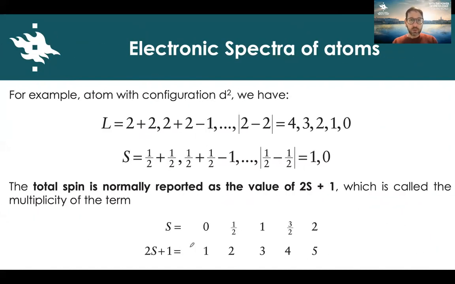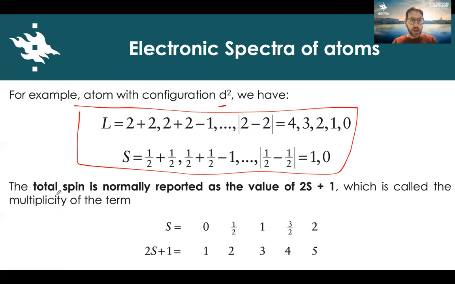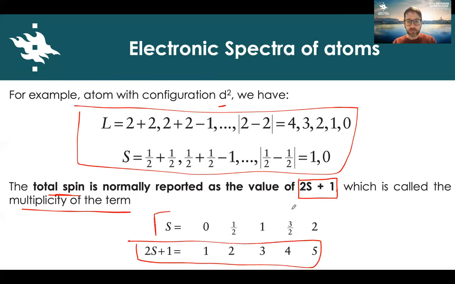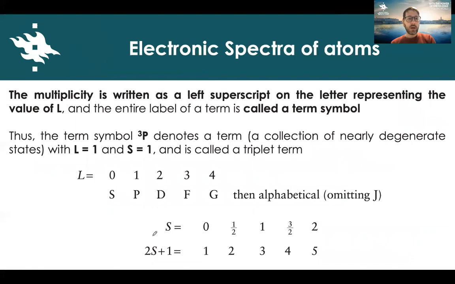For example, in the d2 configuration, these are the L and S values that are possible, and the total spin is actually reported in terms of 2S plus 1, which is called the multiplicity of the terms. So we have these values for the multiplicity of the terms for these different values of S. Okay? So this is important to understand.